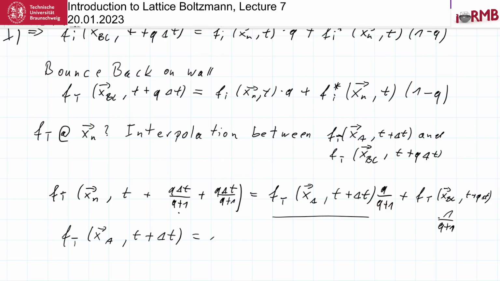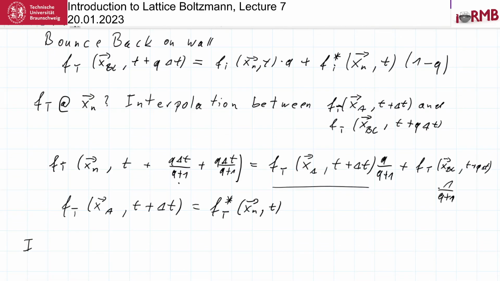So the same question as before. This is the post-collision state at the node itself in the previous time step, because it's going the other way, and here we want to interpolate this.